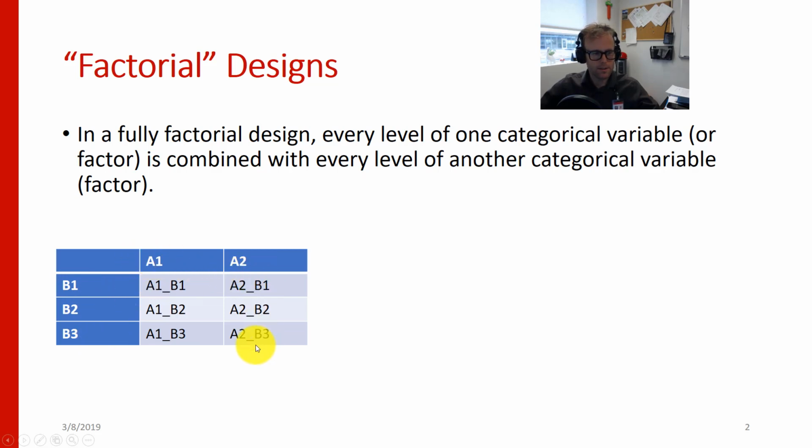If we cross these factors, we have each level of B at each level of A. We have 6 total levels in our analysis, right? We have A1 B1, A1 B2, A1 B3, and so on. So in a fully factorial design, every level of one variable is represented at every level of another variable.